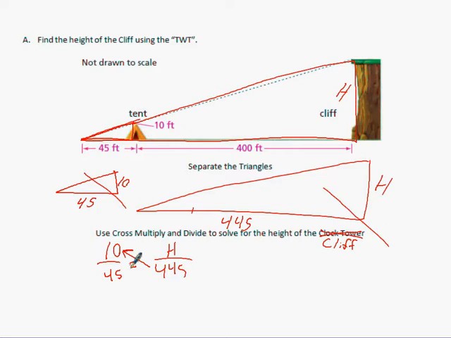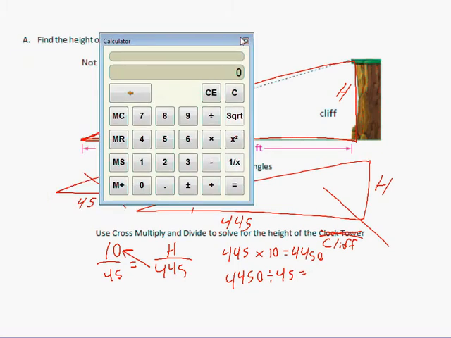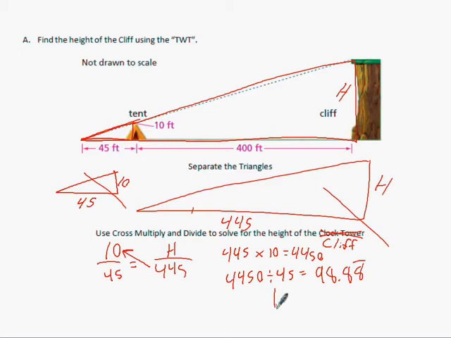Cross multiply. 445 times 10 equals 4,450. 4,450 divided by 45 equals, those are big enough numbers, I'm going to use a calculator, 4,450 divided by 45 equals 98.88, and looks like the 8's repeat. The cliff is 98.8 feet tall.